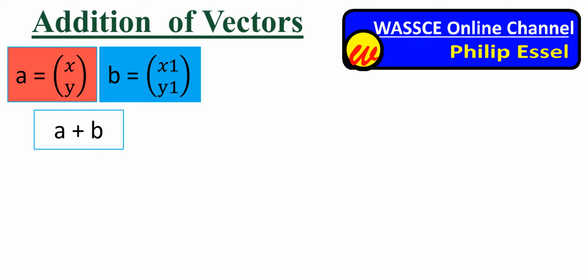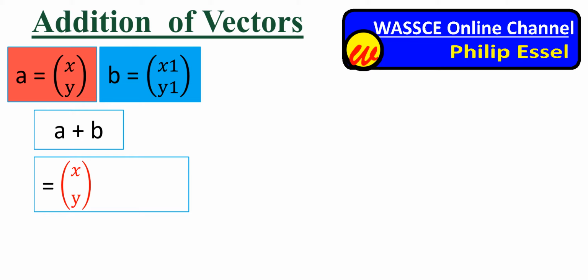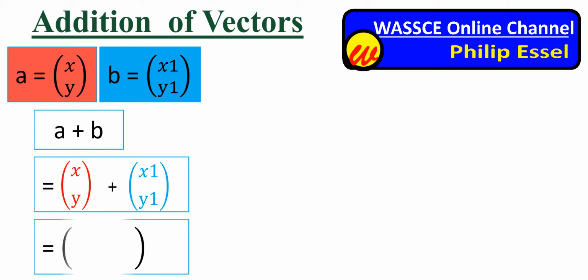Now let's find vector A plus B. It will be equal to the vector A plus the vector B. What you will do is add the two x coordinates at the top.